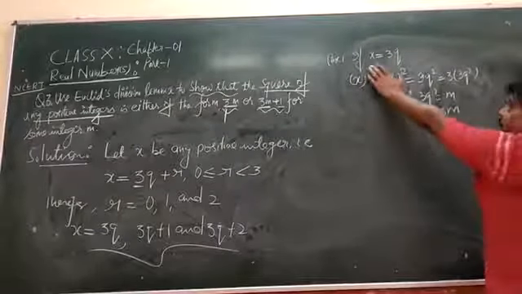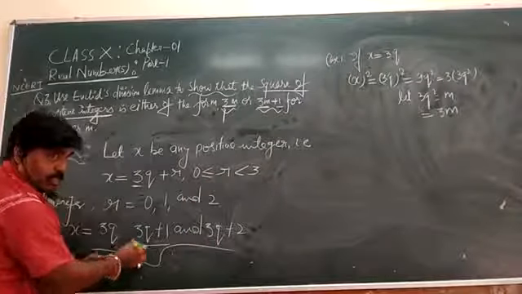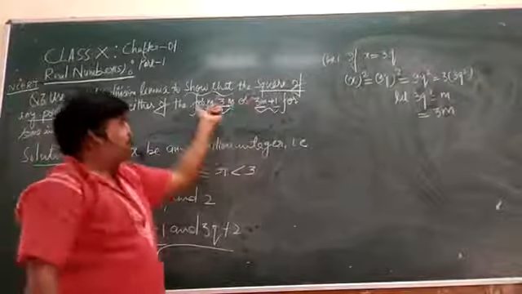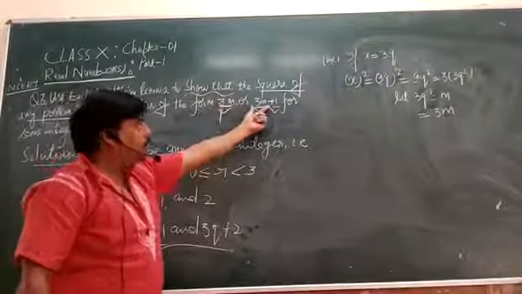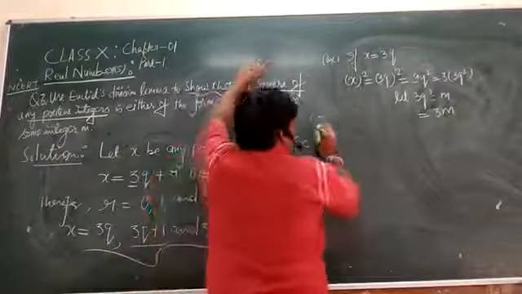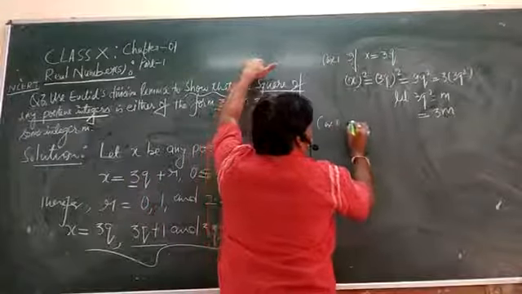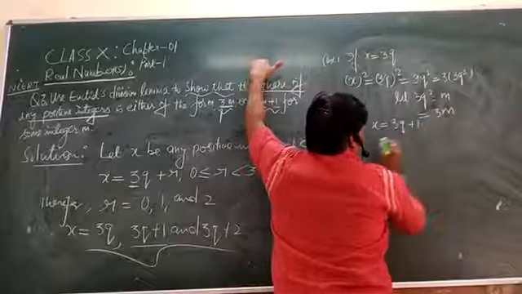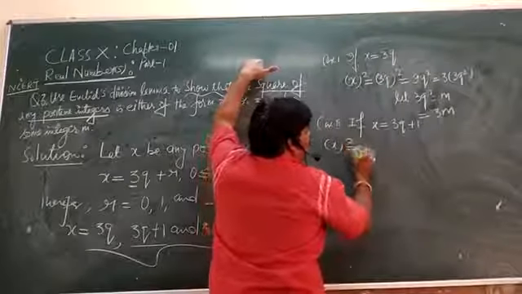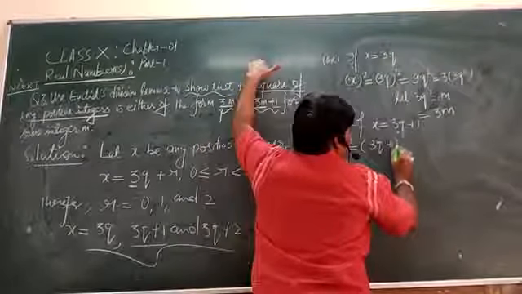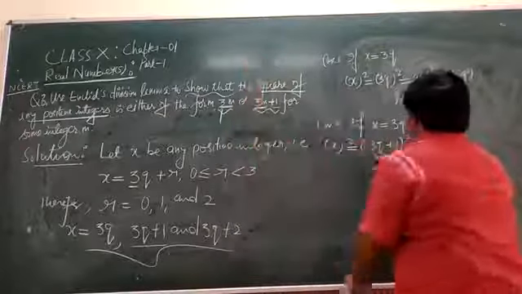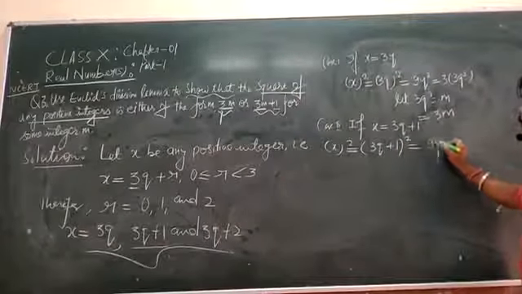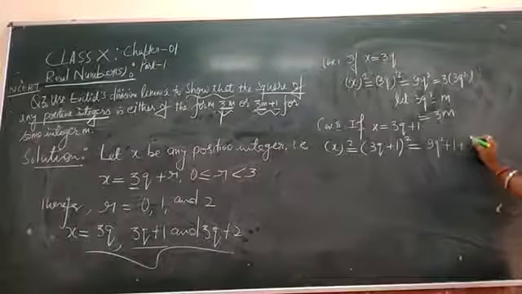Similarly, we will check for 3q plus 1, whether this can be written either in the form of 3m or 3m plus 1, that is, a multiple of 3 or a multiple of 3 plus 1. Now the second case: if x is equal to 3q plus 1, we will do the square. X square is equal to 3q plus 1 whole square. Expanding with a plus b whole square, this is 9q square plus 1 plus 6q.